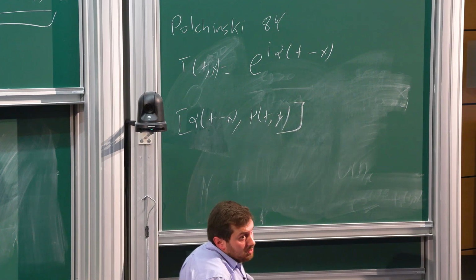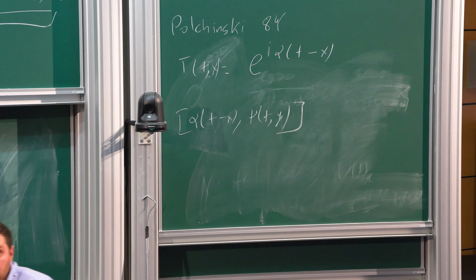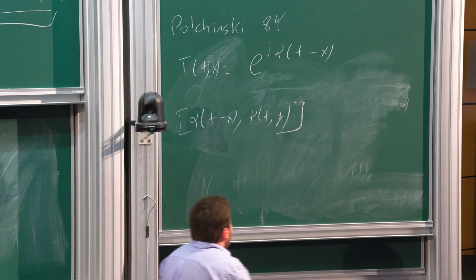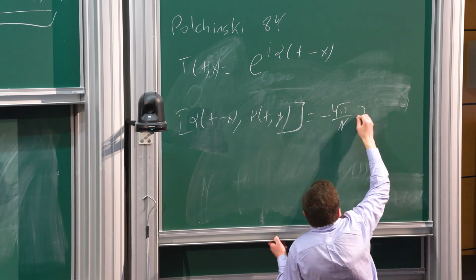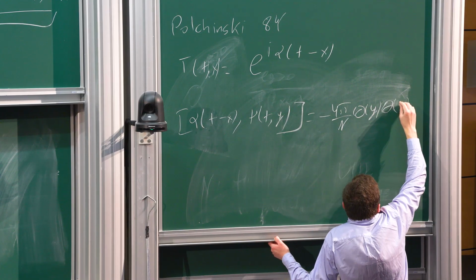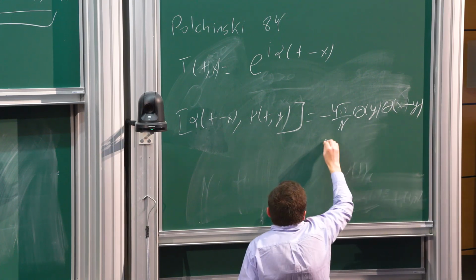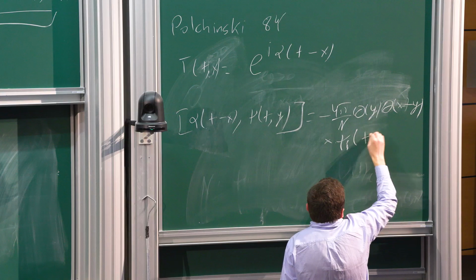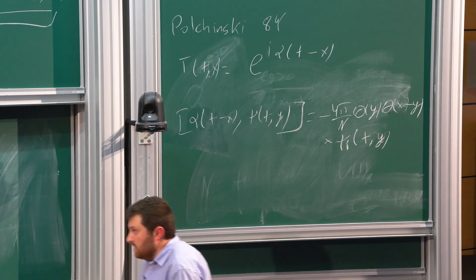You look at the equation of motion for alpha, solve it in terms of fermionic currents, and then you know the commutator between the fermion and the fermionic current. This way you find that the commutator is 4 pi over n theta(y) theta(x minus y) times psi_i(y), meaning that it has exactly the form that you are requesting.